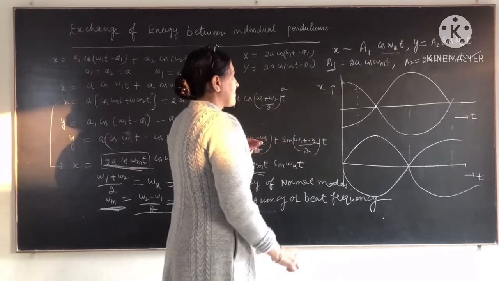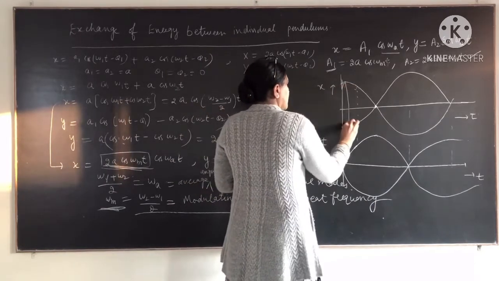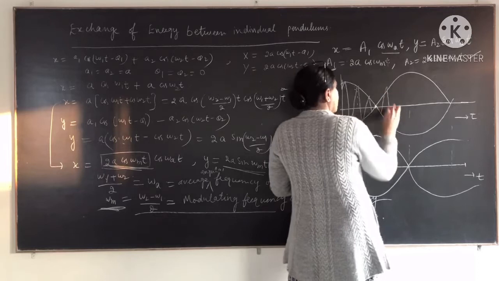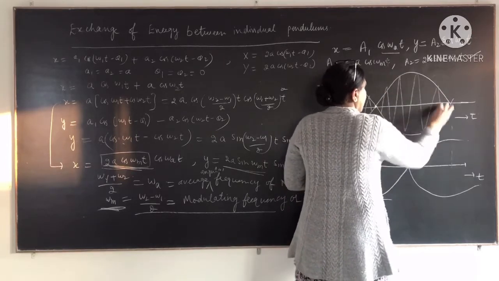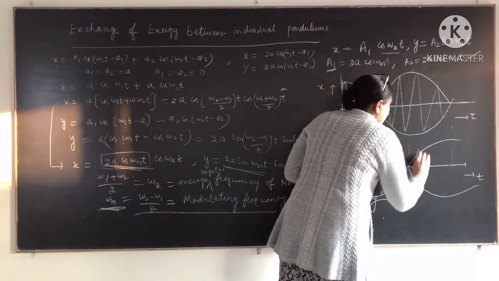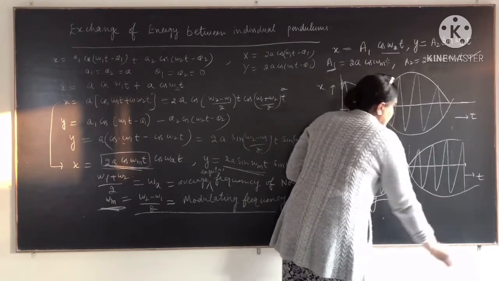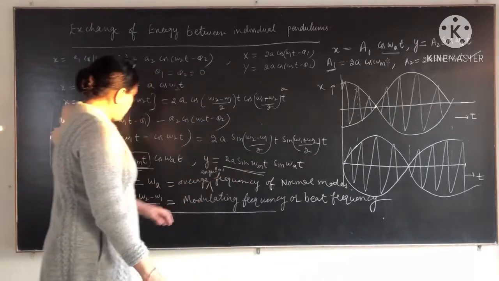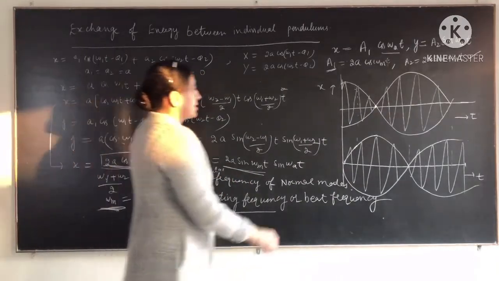So like this, the amplitude is oscillating with frequency omega m, and the pendulums are oscillating with frequency omega a. Clear?